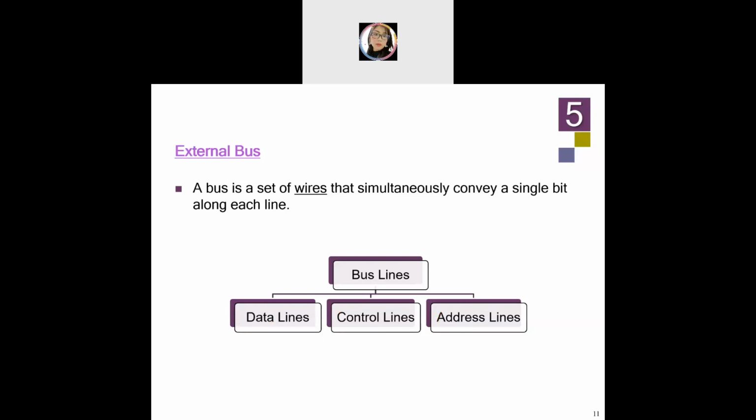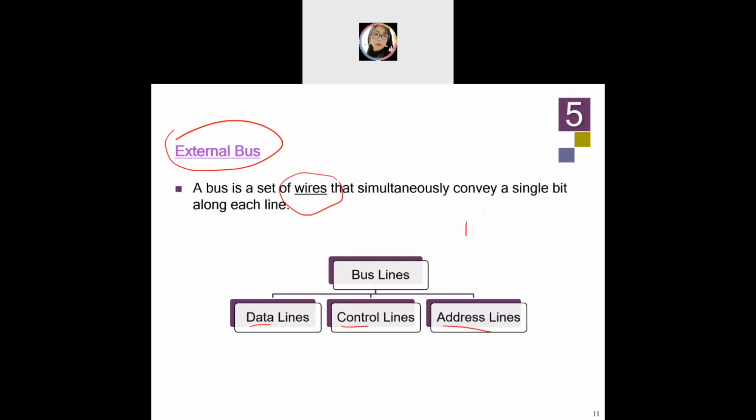Similarly in your internal buses, which is your bus line, it will be divided into data line, control line, and address line. It is a set of wires that simultaneously convey a single bit along each.